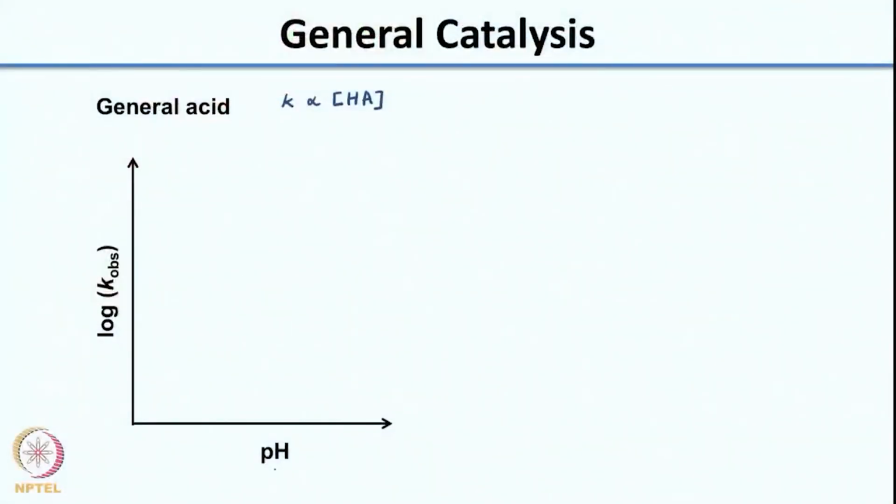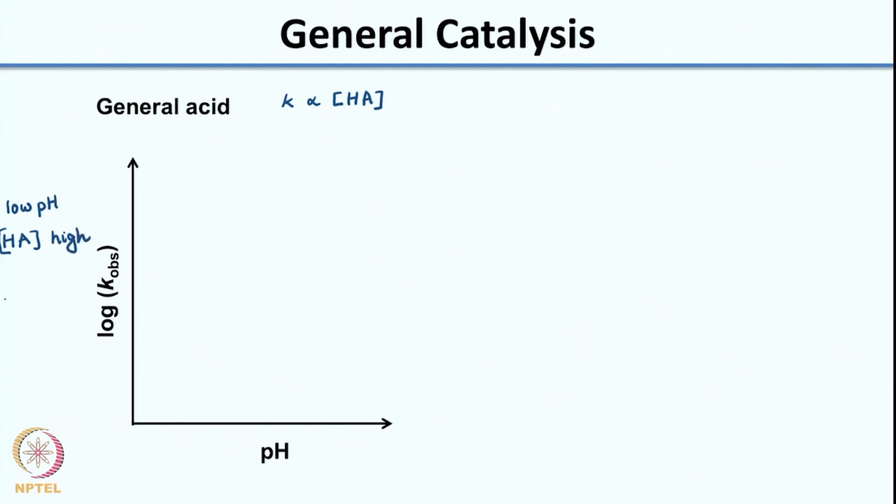So let us see what happens at low pH. When you have the pH very low, it essentially indicates that HA would be in its own form, which is the undissociated form. So at low pH you will have a higher concentration of HA.